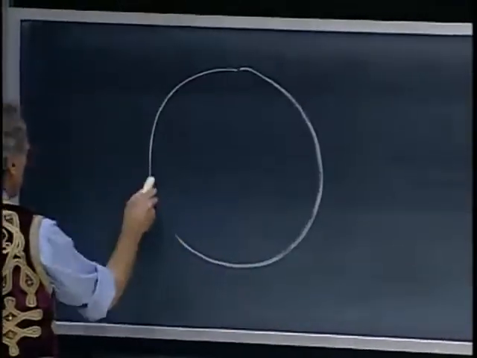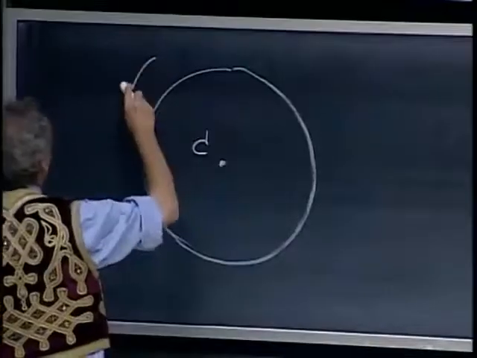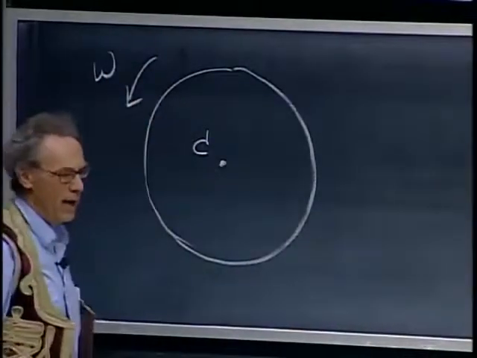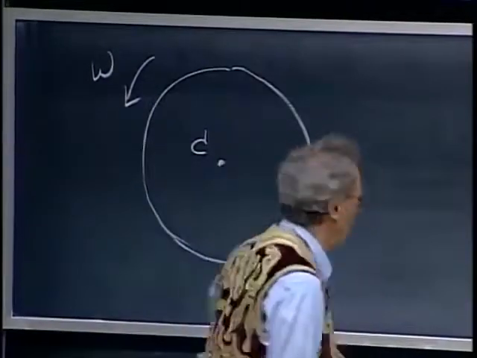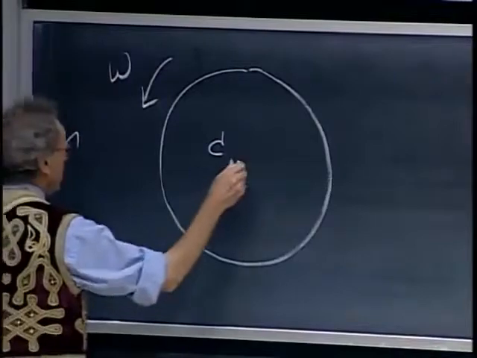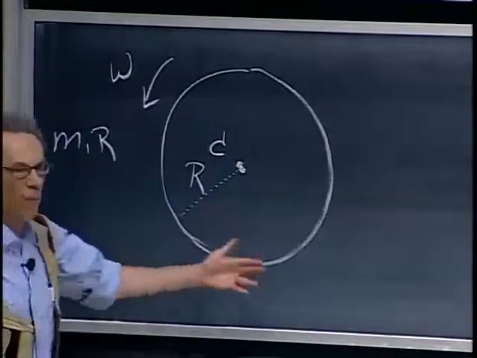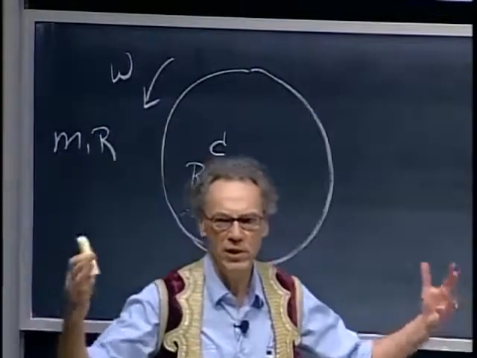I have here a disk, and the center of the disk is C, and this disk is rotating with angular velocity omega that could change in time. And the disk has a mass m, and the disk has a radius r. I want to know at this moment how much kinetic energy of rotation is stored in that disk.